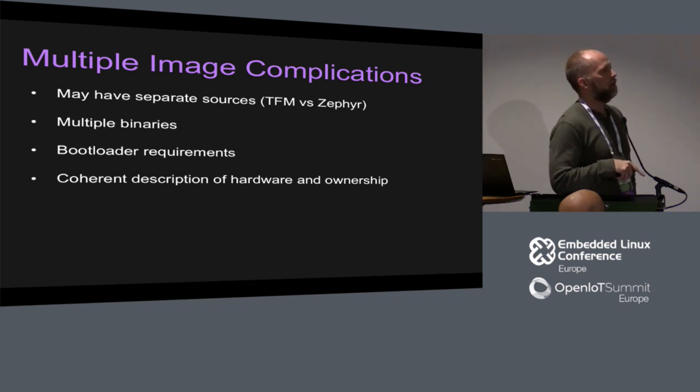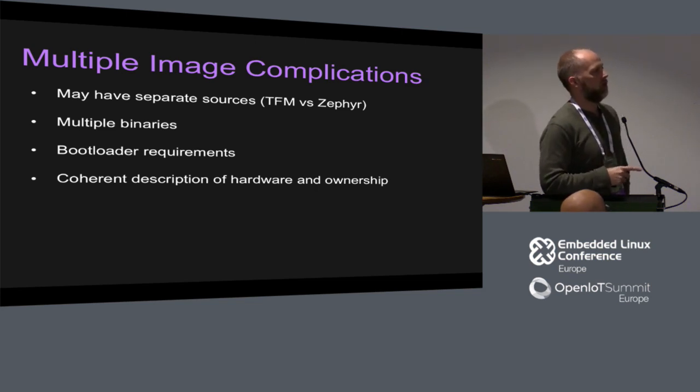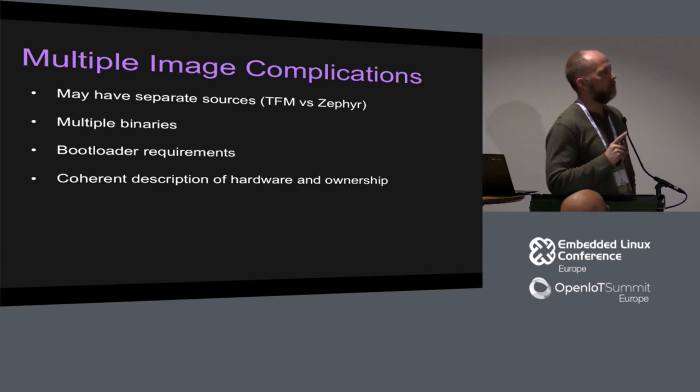Today, we currently describe this in DTS. So if you go to Zephyr and you look at any one of the boards, you'll see that it has a device tree file that'll contain a RAM, flash, peripheral address map. This isn't going to be any different for ARMv8M.